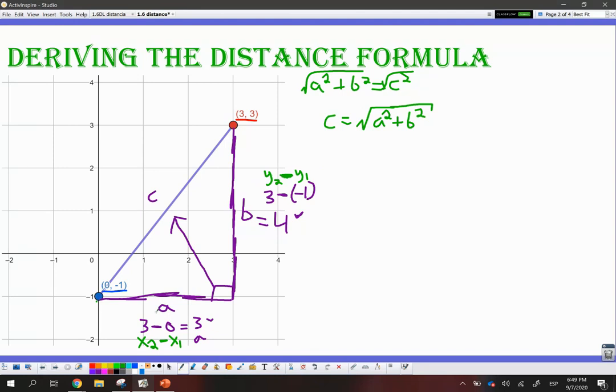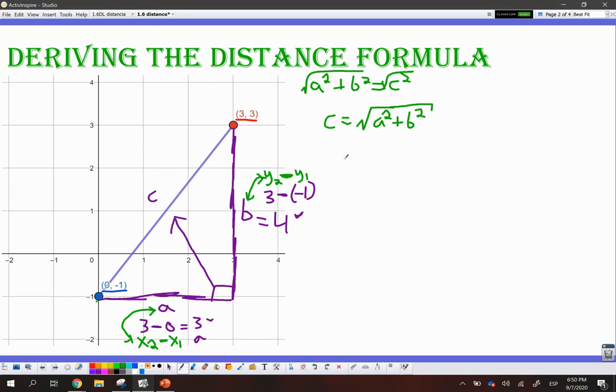Now remember, these are how we find A and B, right? Look again at my Pythagorean theorem and you see A and you see B. So what if I replace A and B here with these expressions where I'm subtracting the coordinates?